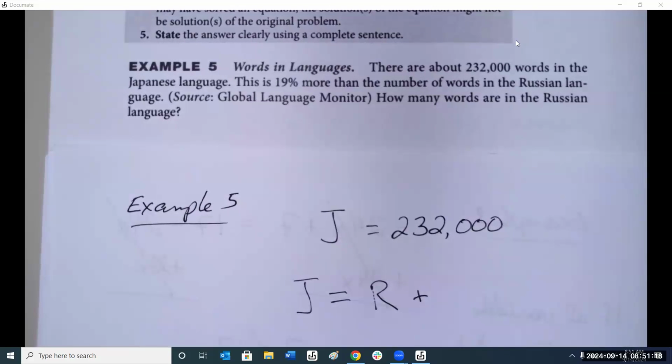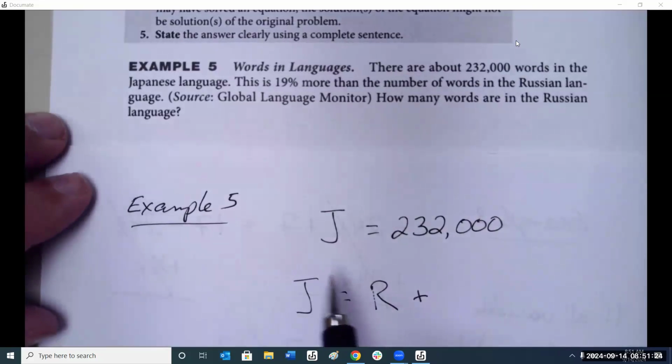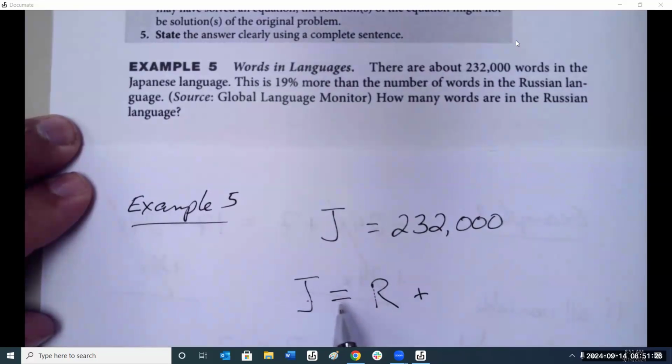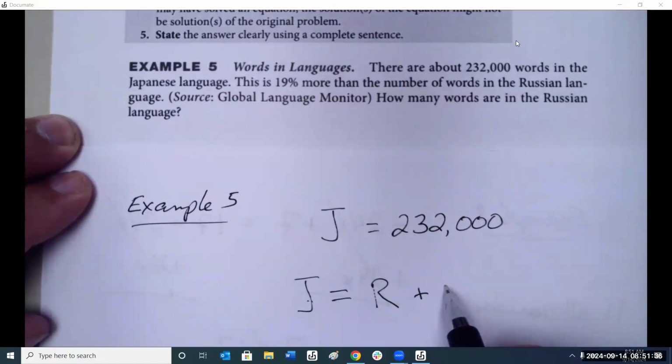10 is 5 more than 5. So far it says the Japanese language is 19% more than the Russian language. So Russian language plus what? 19% of what?